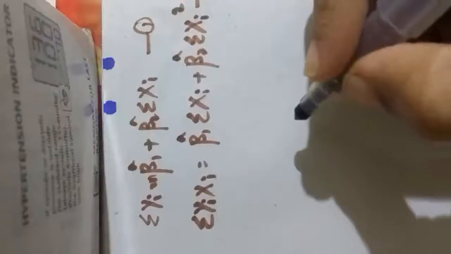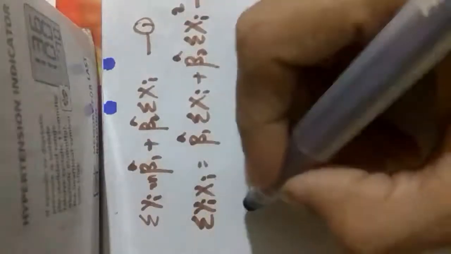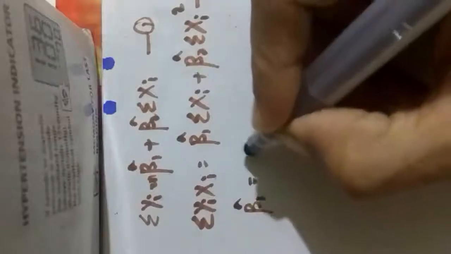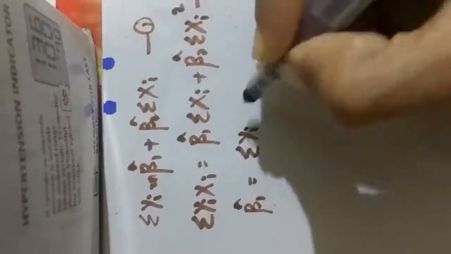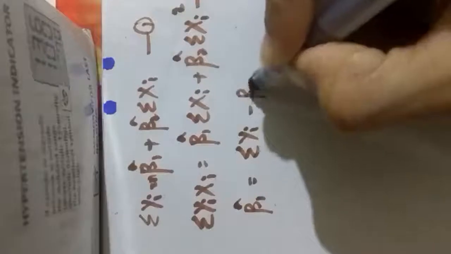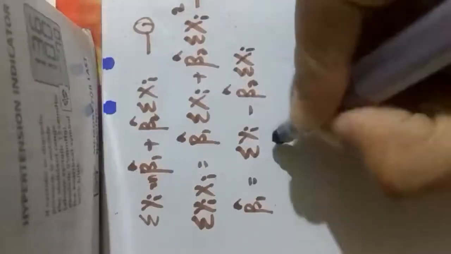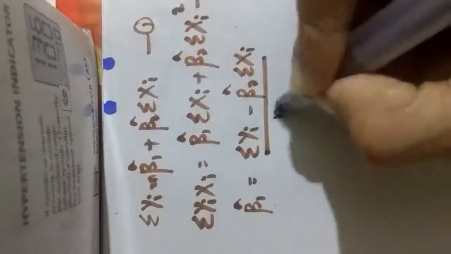That's equation 1 and 2. Now from the first equation I can write beta 1 hat as equal to summation yi minus beta 2 hat times summation xi, whole divided by n.